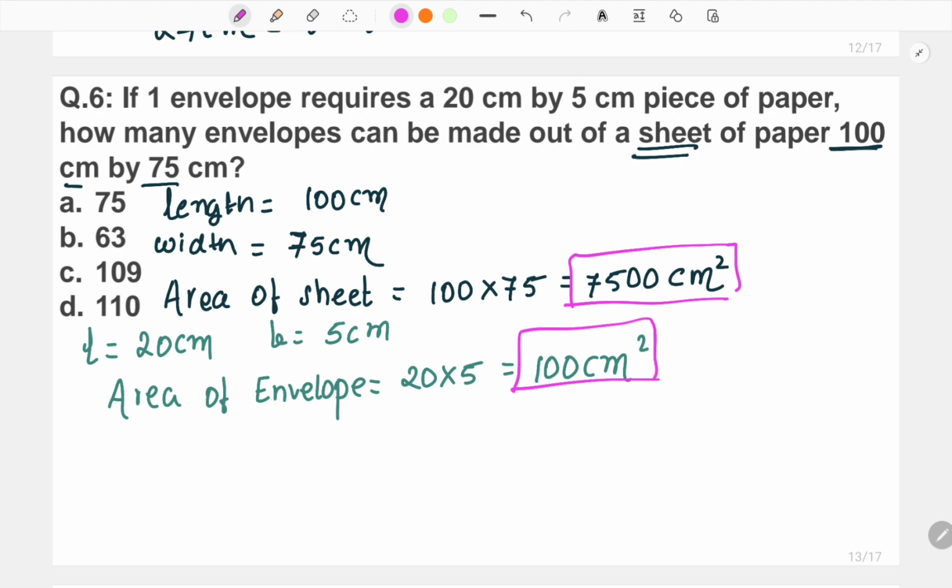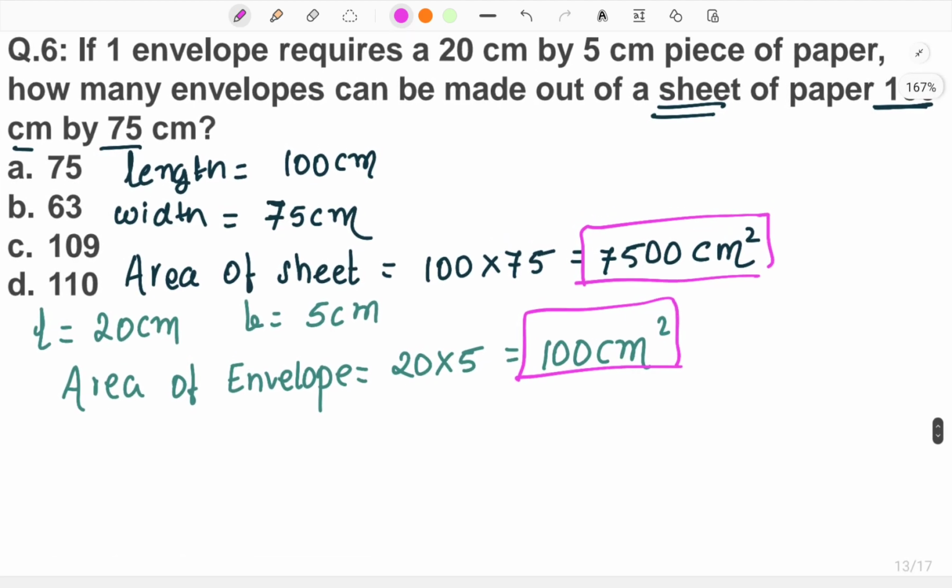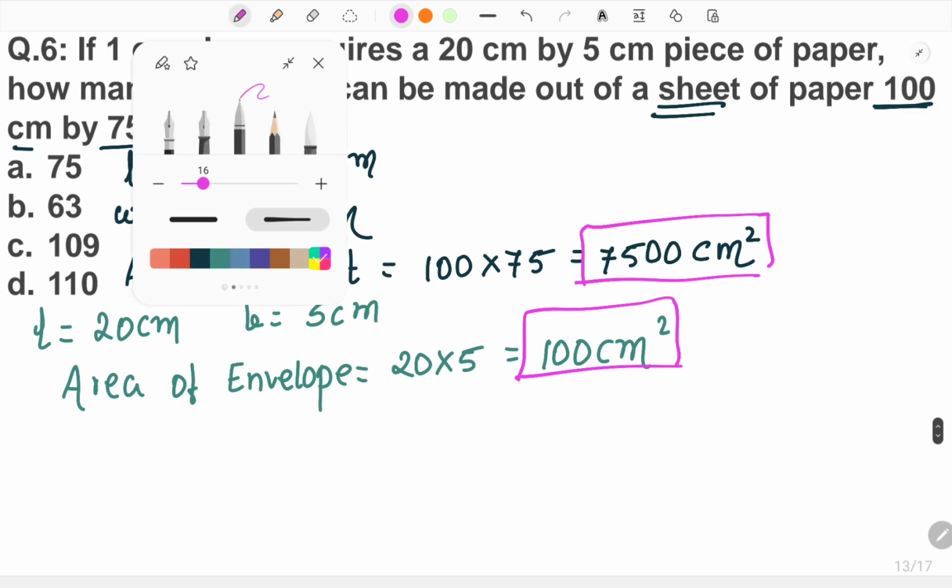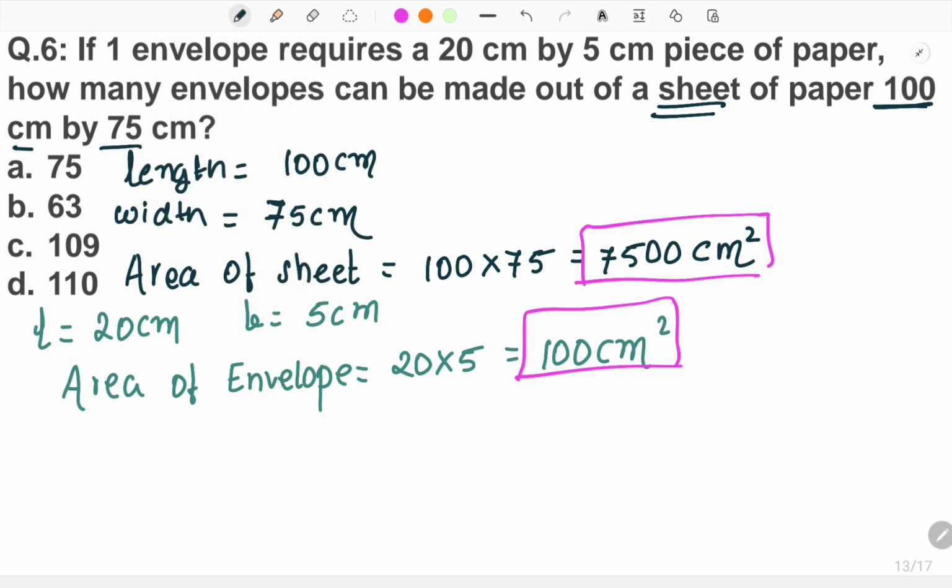So from out of the sheet we have to make envelopes, correct? So how can we understand the number of envelopes that can be made out of this sheet?